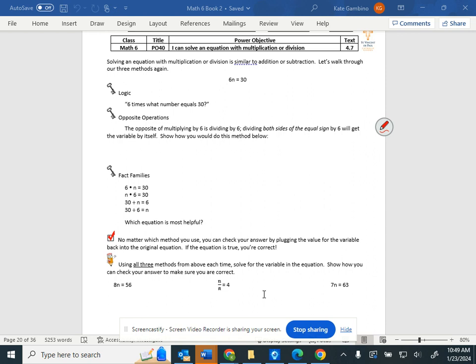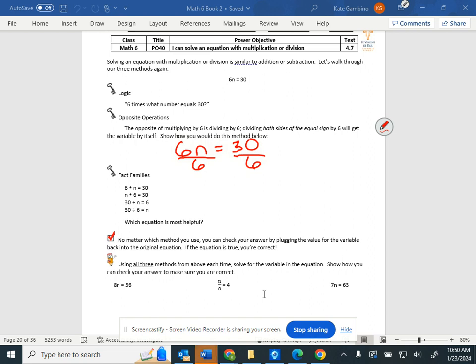Opposite operations, we would have to work it out just like we were doing yesterday. So if we have 6n equals 30, if this is multiplying, what's my opposite operation? Dividing. So we're going to divide both sides by 6.